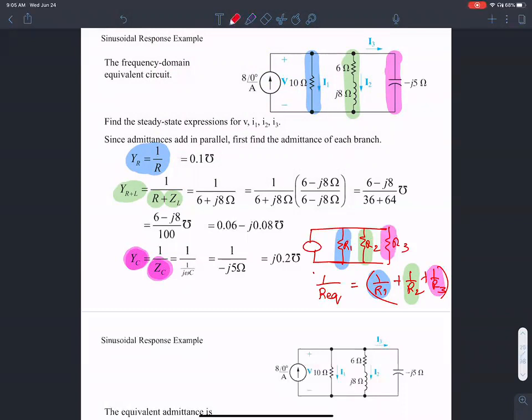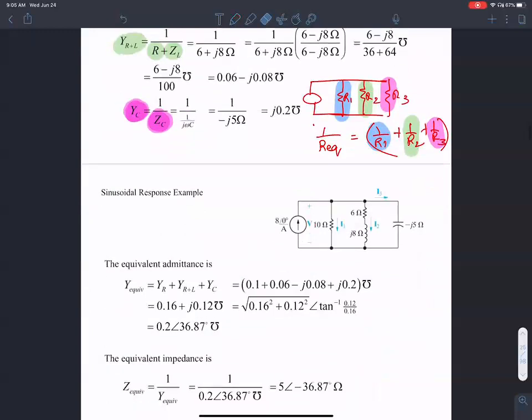So all I'm doing is calculating the inverse of the impedance in this branch, and the inverse of the impedance in this branch, because they're all connected in parallel. Now if I add the admittances, the sum of the reciprocals, that is what I'm doing.